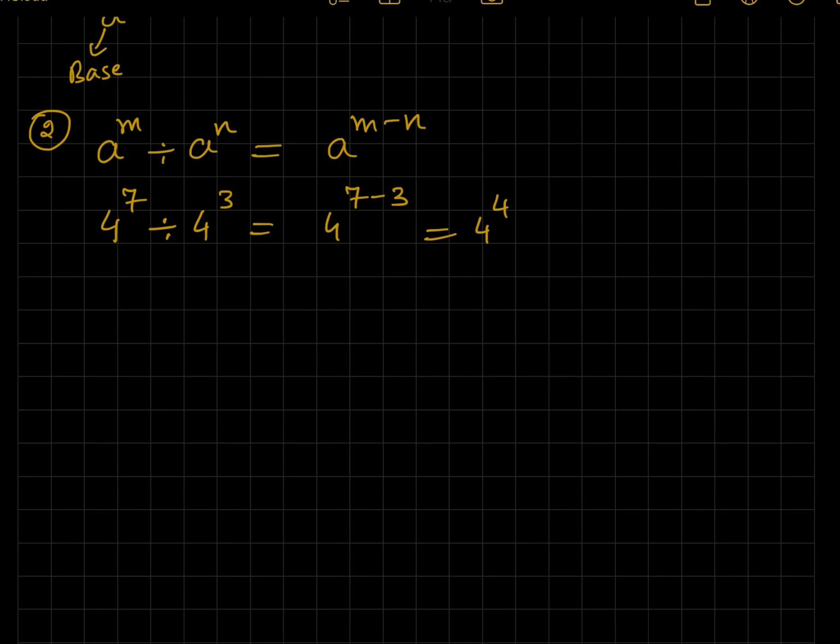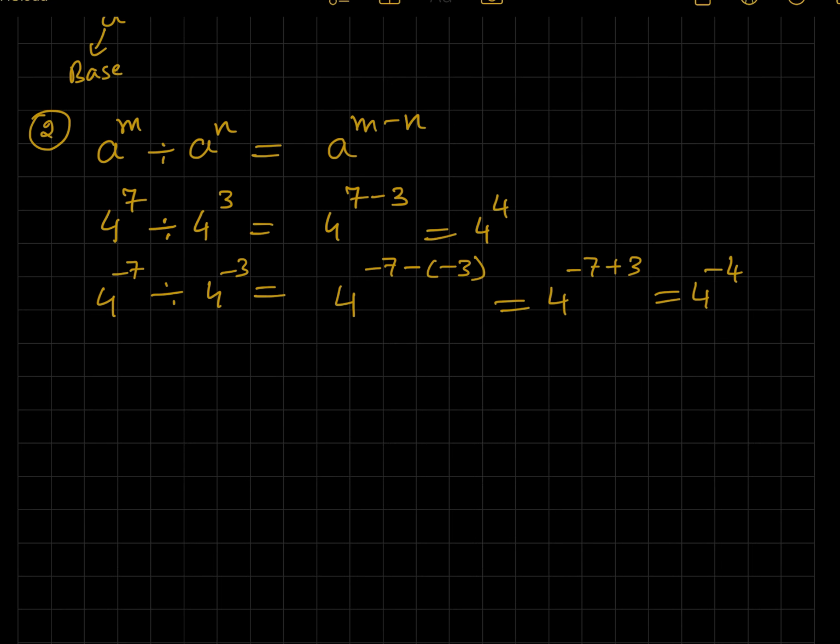Clear? Same thing if it is a negative power, it is done the same way. If it is 4 raised to negative 7 divided by 4 raised to negative 3, then also we write 4 raised to negative 7 minus negative 3. So that would be 4 raised to negative 7 plus 3, and that is 4 raised to negative 4.